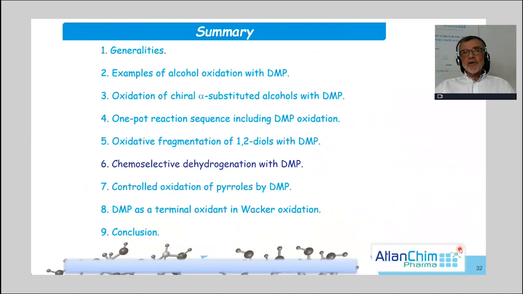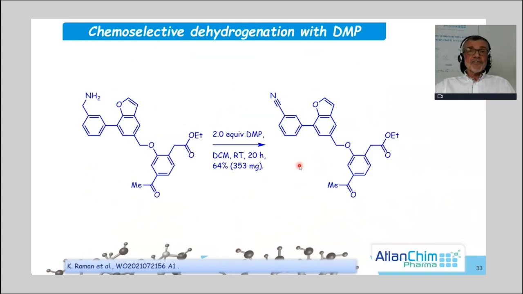And another unusual reactivity of Dess-Martin's reagent concerns the chemoselective dehydrogenation of nitrogen-containing substrates, namely benzylic primary amines, to their corresponding nitriles.